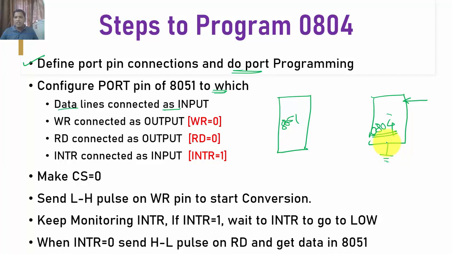The chip activation we can do directly by connecting CS bar to ground. Now the analog data is present at my input side. So what is the first step? We have to do some configuration. What is that configuration? This is for, say, the WR bar pin.